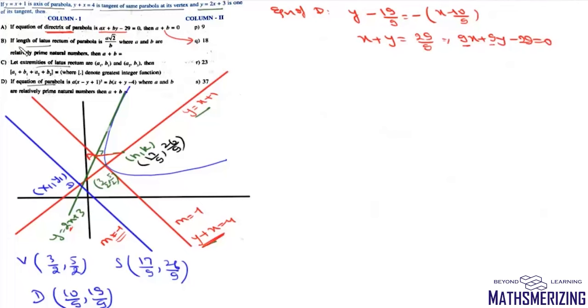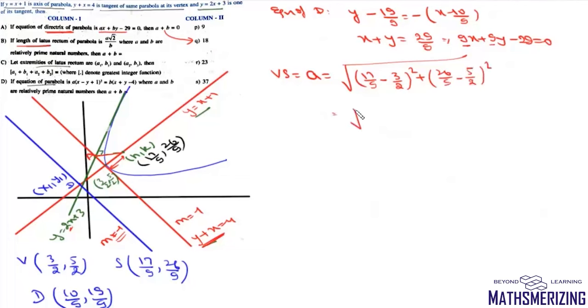Now for the second one, we need to find the length of latus rectum. So we know that the distance between vertex and focus is equal to a. So we'll find this distance, say VS, which is a, and it is the square root of 17 by 9 minus 3 by 2 whole square plus 26 by 9 minus 5 by 2 whole square.